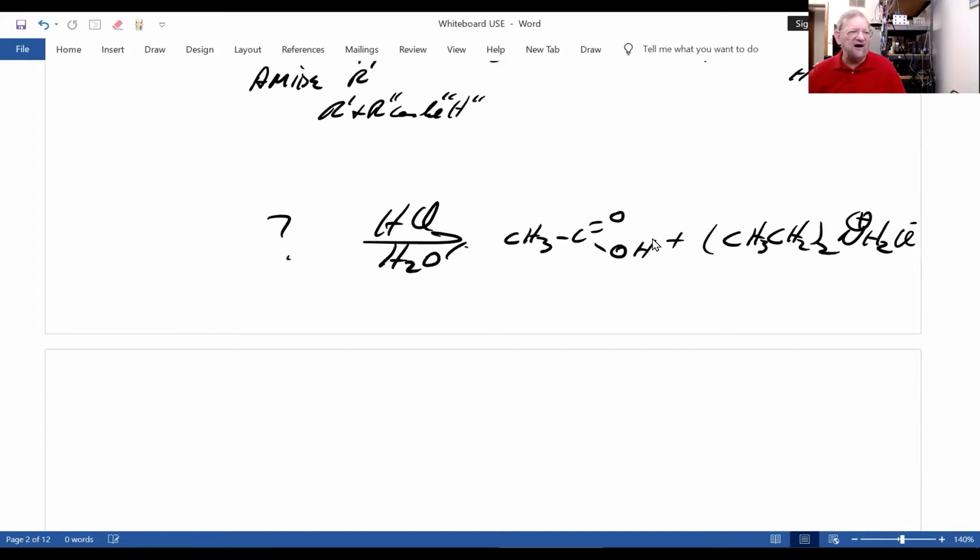And let's try the following. What would be the starting material that you would react with HCl and water to make these two compounds? 3 points each.